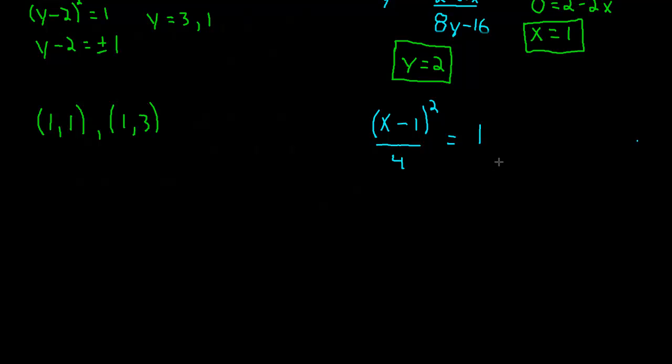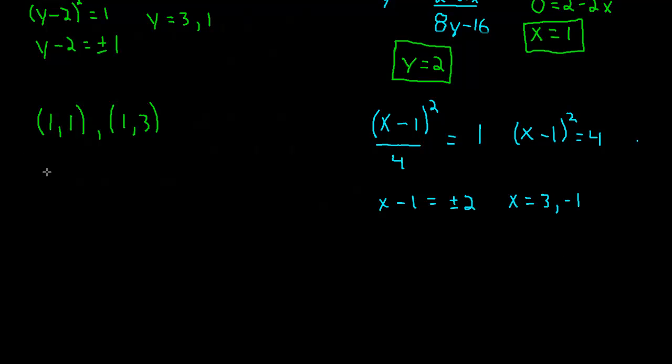Now multiply both sides by 4, and you get x minus 1 squared equals 4. Take the square root of both sides, and you get x minus 1 equals plus or minus 2. Now add 1 to both sides, and you get x equals 1 plus 2, which is 3, and 1 minus 2, which is negative 1.